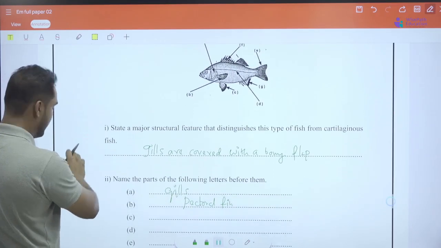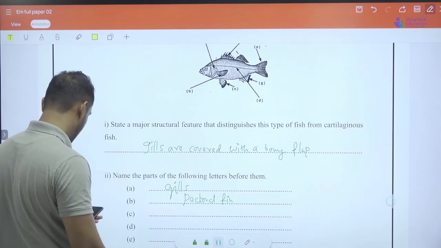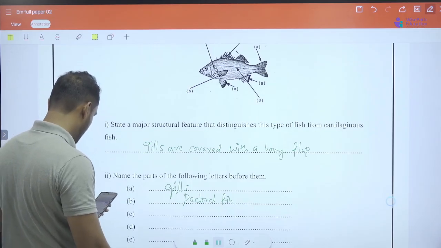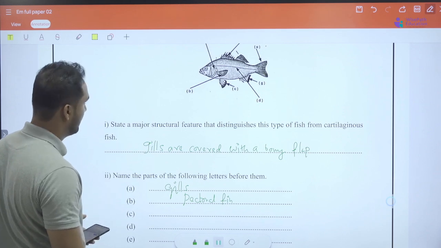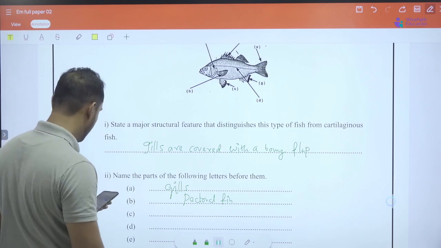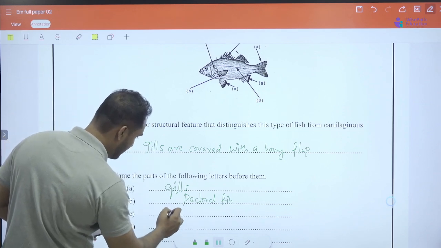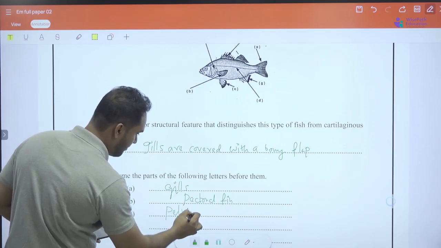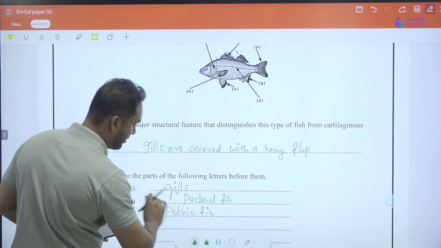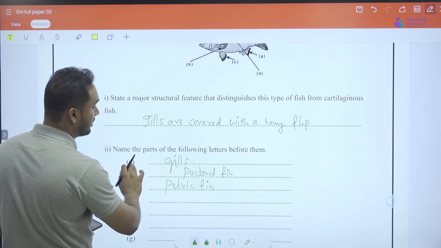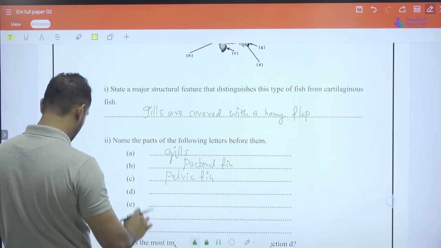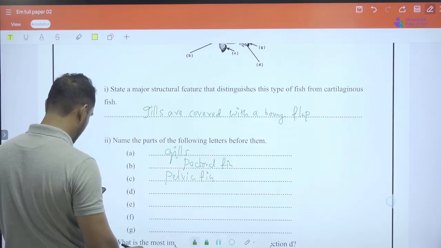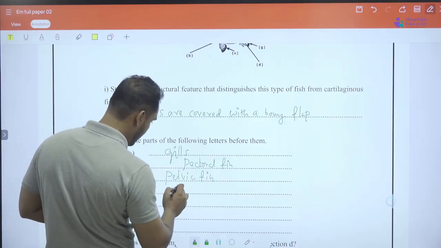Next is C. C is the pelvic fin, right? The next one is D. D is the lateral line, right?